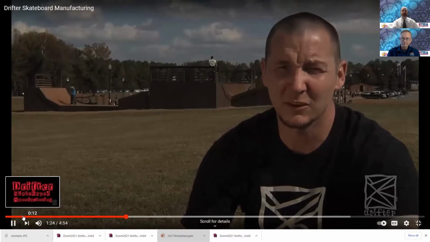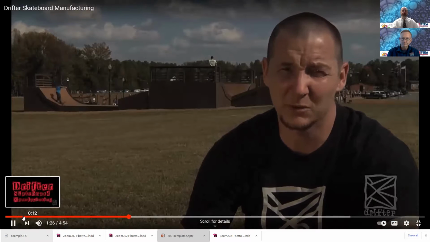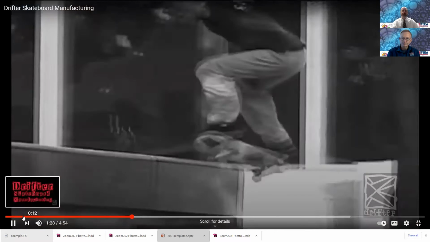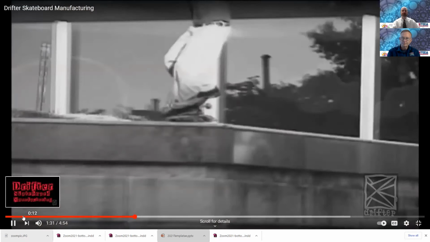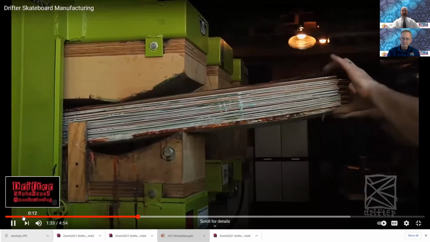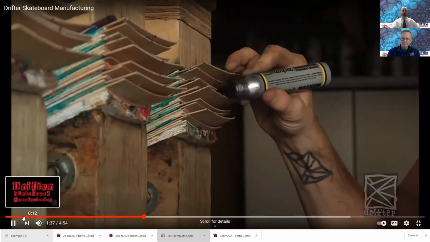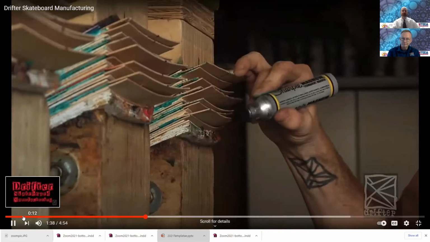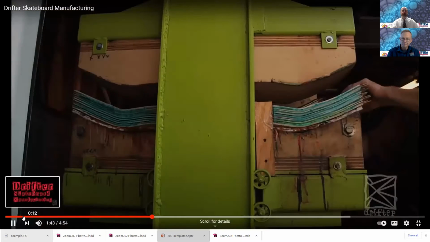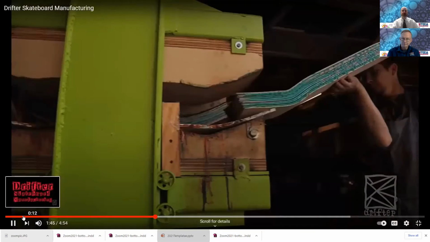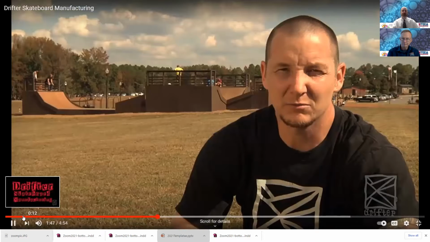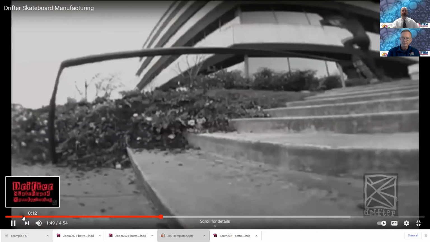We just want to make it the right way, as if we were making them for ourselves. Whether it be a shop deck or a company deck, every board's going to be made with the same quality. Everything's getting the right amount of glue, the right amount of pressure. We're not trying to pop them out real fast. We're leaving them pressed, for over an hour. We just want to make sure everything that goes out is, real strong and made for the skateboarder of the day.